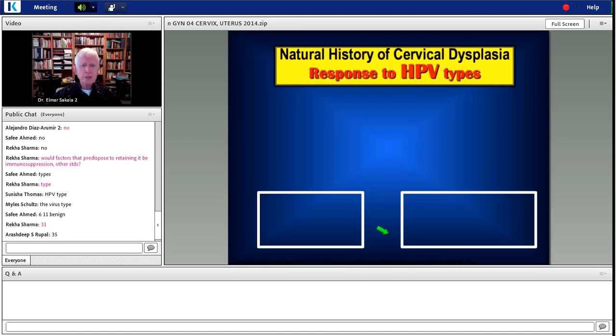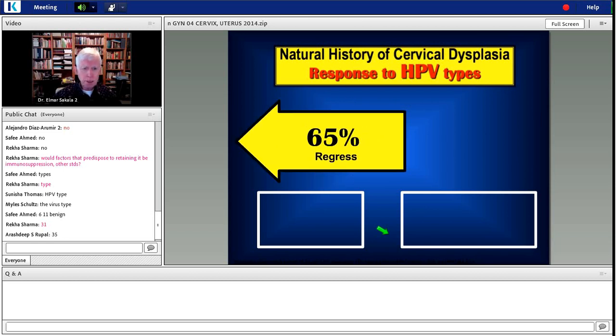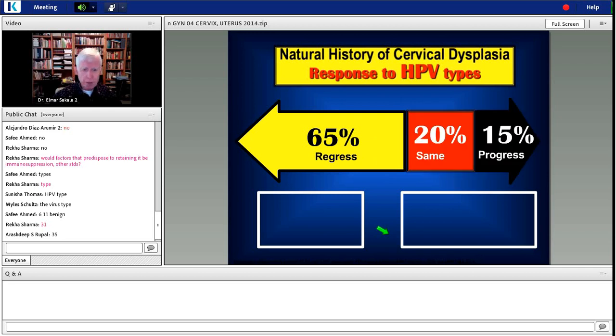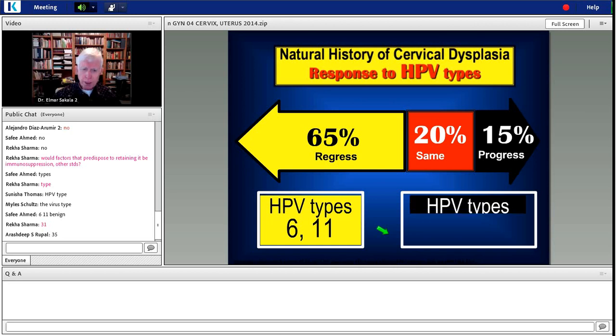Again, the natural history of cervical dysplasia is a response to HPV DNA types. 65% will regress, 20% will stay the same, and this depends on the HPV DNA type. This is exactly on page 169.